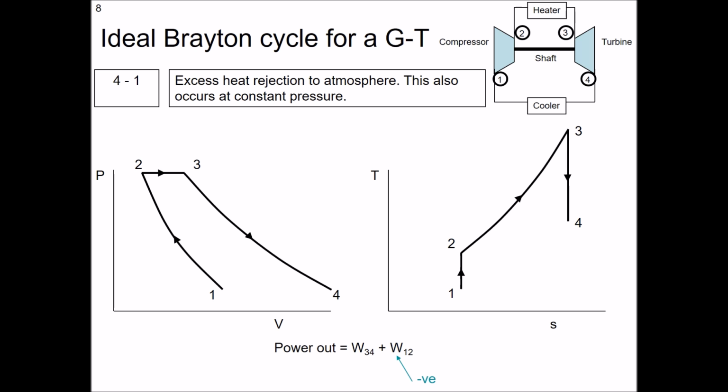And when it comes to expressing efficiency, which we'll do later on in the module, we'll take a look at that. Obviously, the work done in the turbine is negative with respect to the work done in the compressor, because they're working in opposite directions. One is putting energy into the gas and one is taking energy out of the gas.